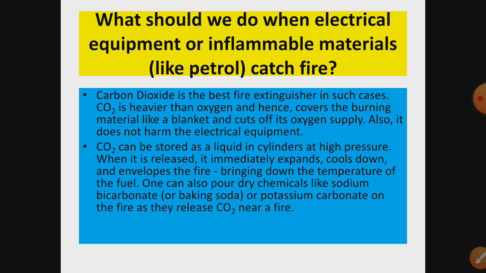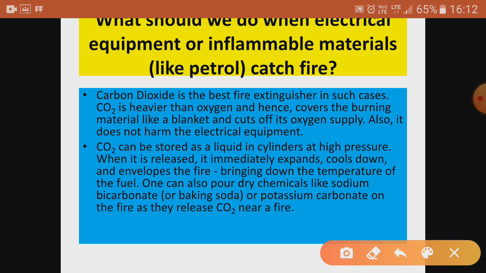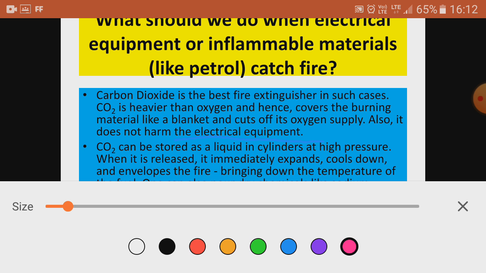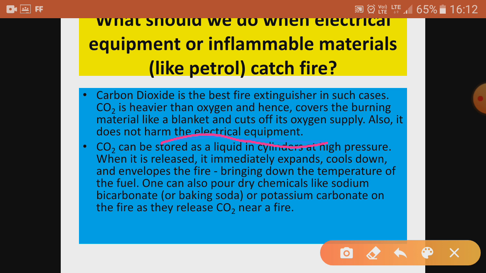It envelopes the burning material, and in this way it cuts off its oxygen supply, and electrical appliances can be kept safe, with no harm to them. Carbon dioxide can be stored as a liquid in a cylinder at high pressure.